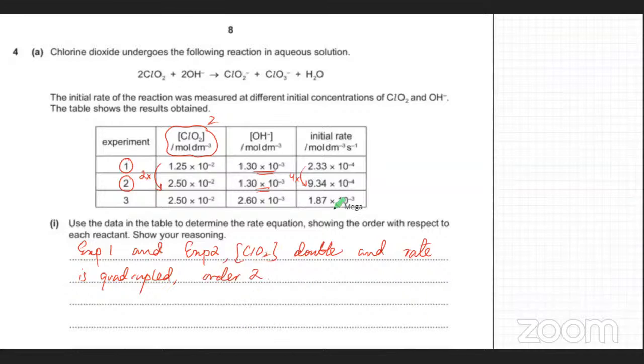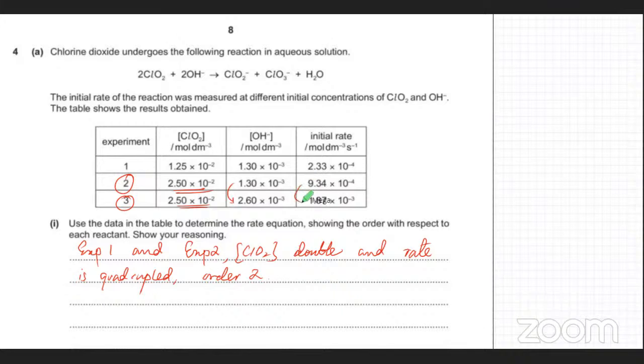What about OH? Now rub off everything and start working out on OH. Which 2 experiments should I compare now? This one is an easy question. You just have to compare 2 and 3, right? And the ClO2 concentration is not changing at all. The OH is doubling.